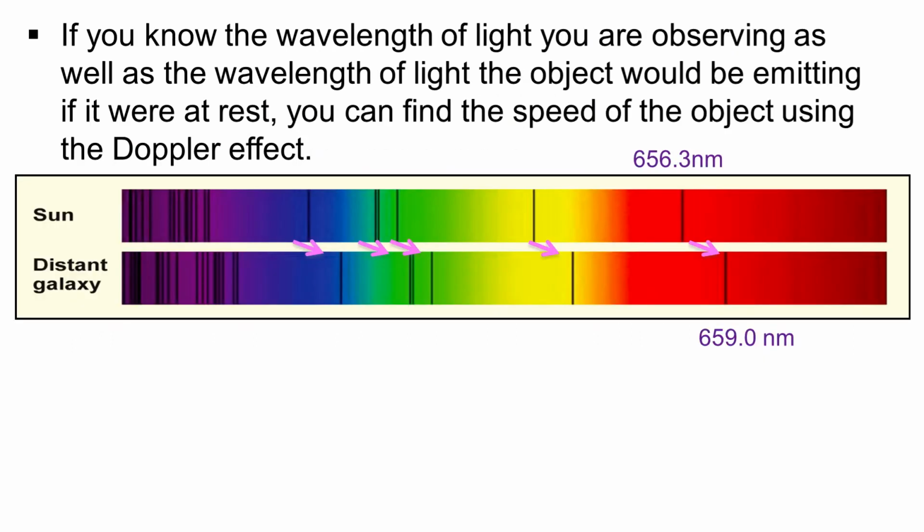With the wavelength changes, the speed of the movements can be estimated. If you know the wavelength of light you are observing as well as the wavelength of light the object would be emitting if it were at rest, you can find the speed of the object using the Doppler effect.